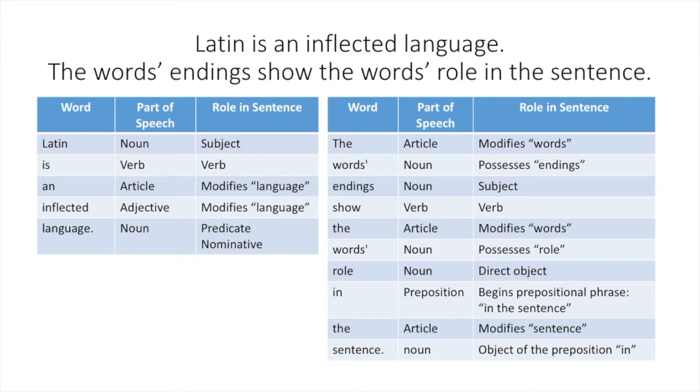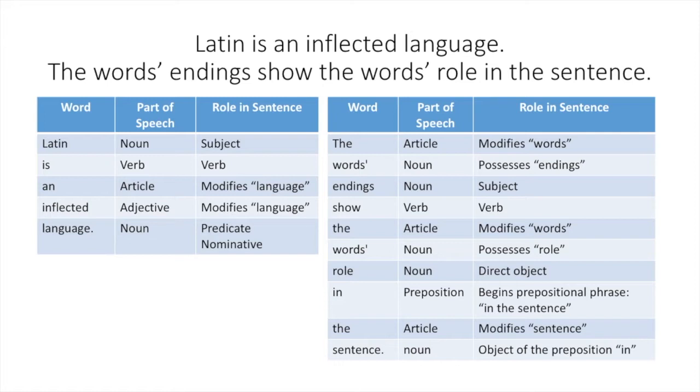So in English, we show this by the order of words in a sentence. The subject comes before the verb, and then there's the predicate nominative if the verb is a linking verb, or the subject is followed by the verb, and then comes the direct object or indirect object based on an action verb.